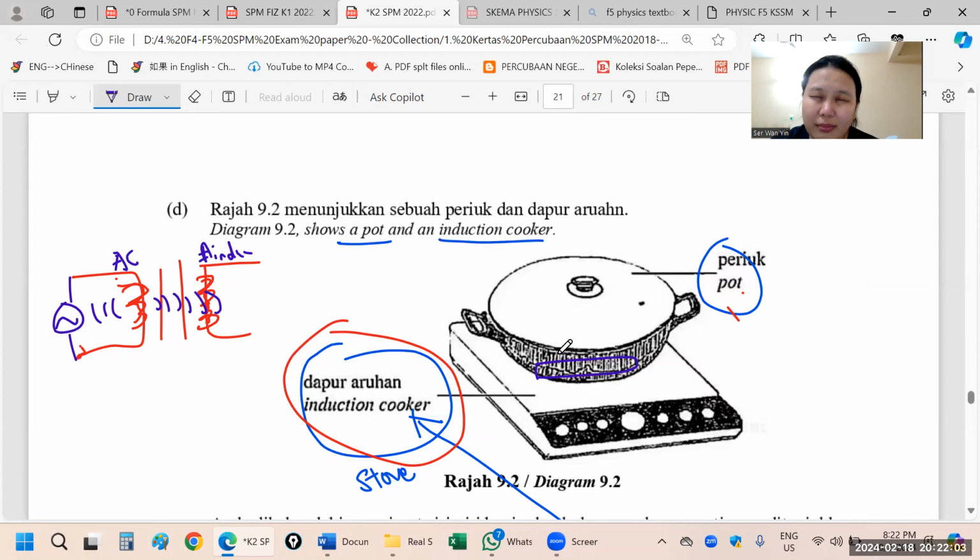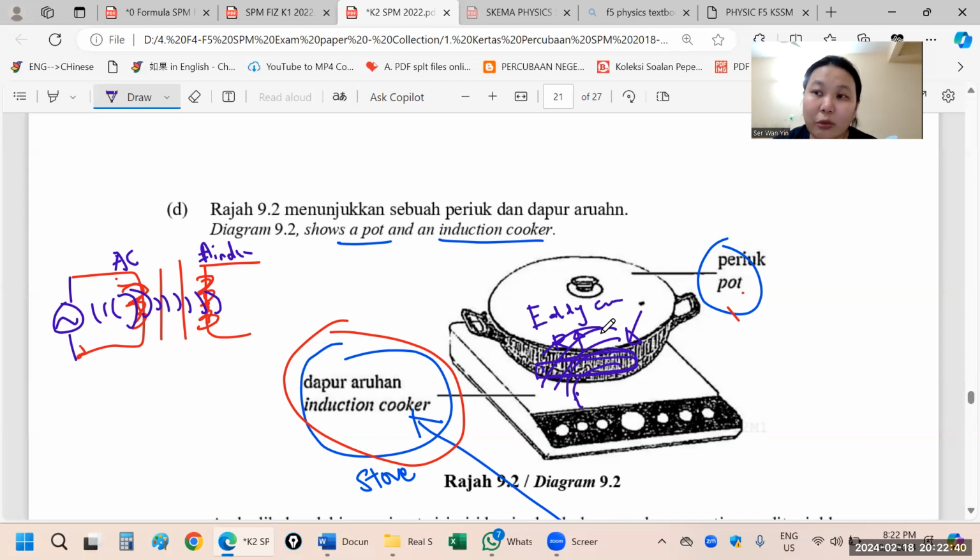Inside the pot, we put something with high resistance. So when magnetic flux comes from the cooker, the magnetic flux cuts the metal inside the pot, so it will have eddy current.